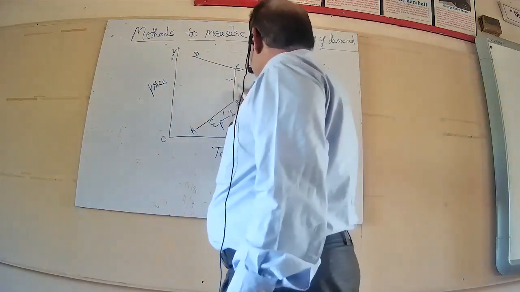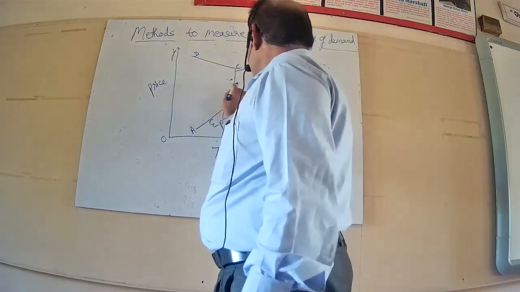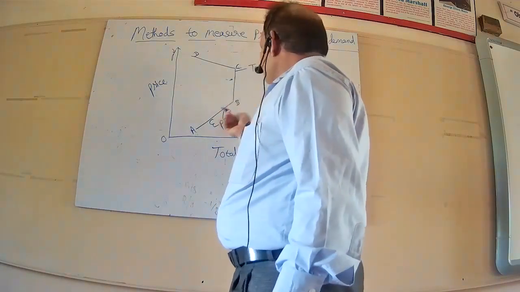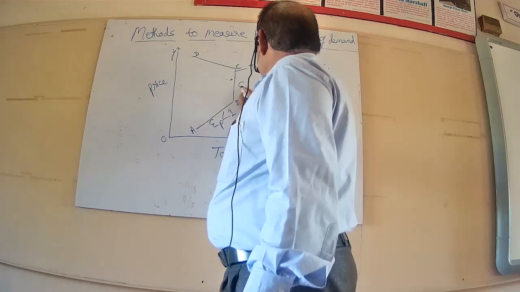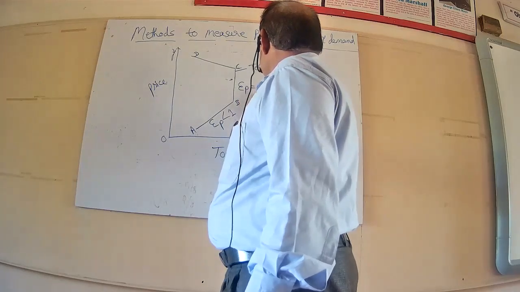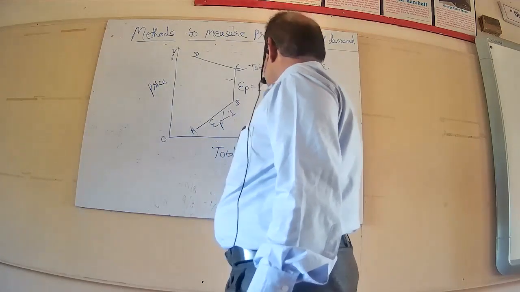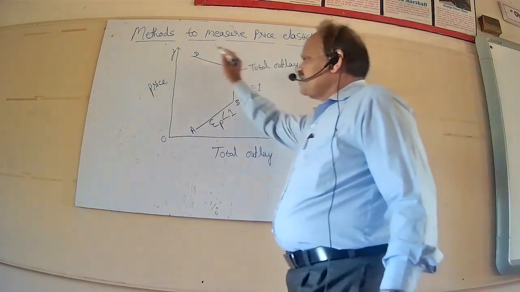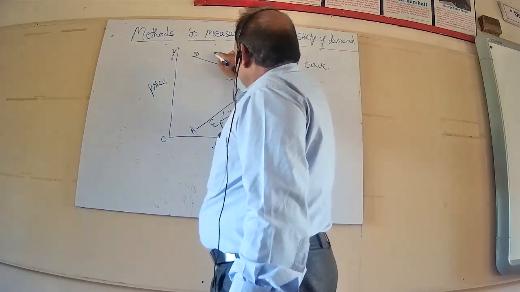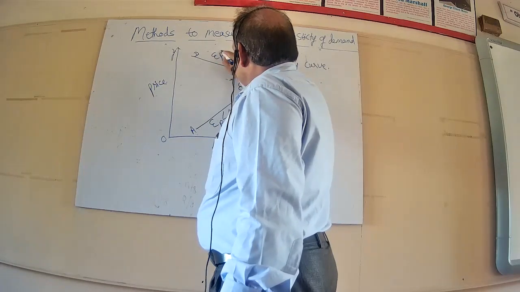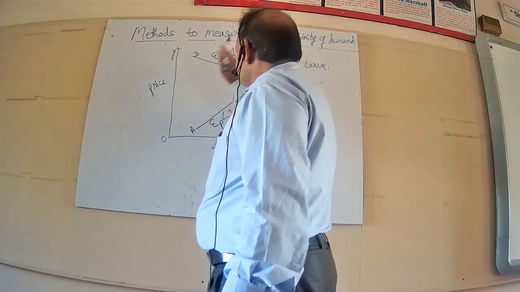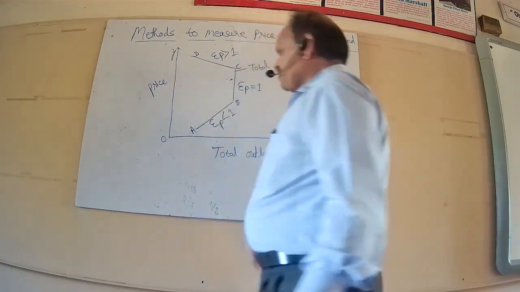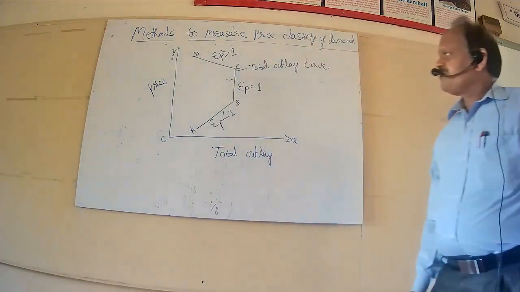Take the portion of BC. Here, as the price of a commodity falls, the total outlay made on that commodity would remain the same. Therefore, it is the type of unitary elastic demand. EP is equal to 1 in this case. Third portion, CD, where EP is greater than 1 because as the price of a commodity falls, the total outlay made on that commodity will go on increase.